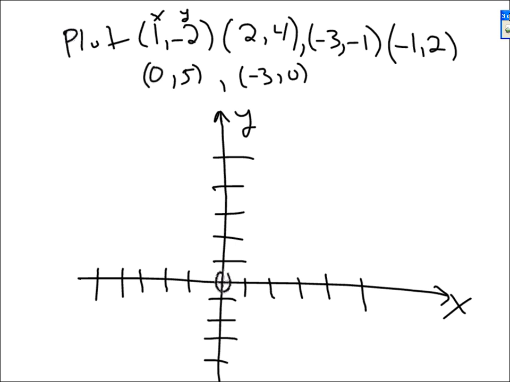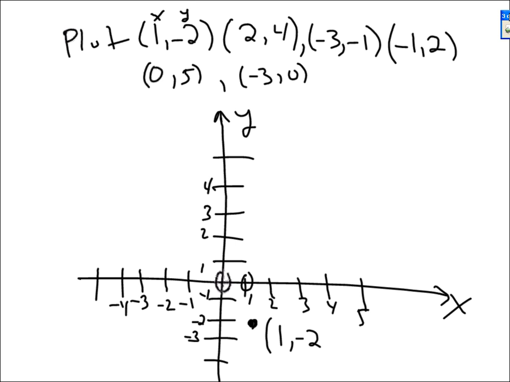I would think of starting at the origin. X is 1, that brings me right there. And y is negative 2, so I go down 2. Here it is. That is the point. And you can verify it. When you look up, you see 1, and when you look to the y-axis, you see negative 2. That's the point (1, -2).